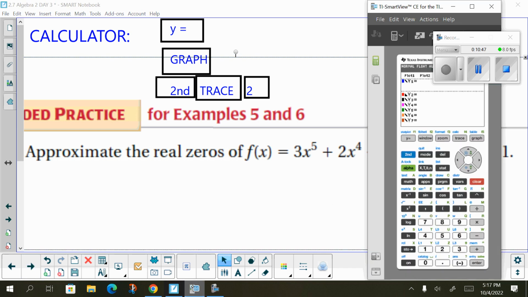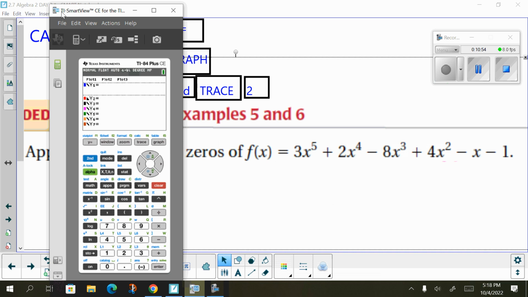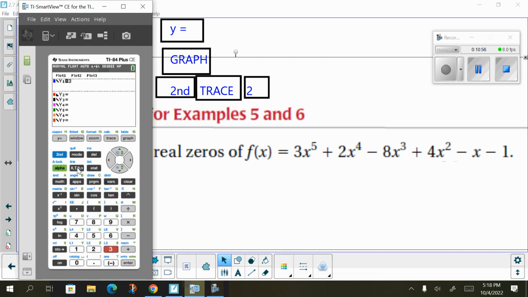I'm going to type the equation into my calculator. x to the 5th, 2x to the 4th, minus 8x to the 3rd, plus 4x squared, minus x minus 1.